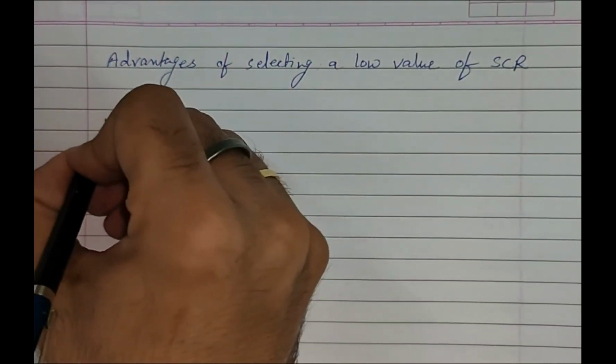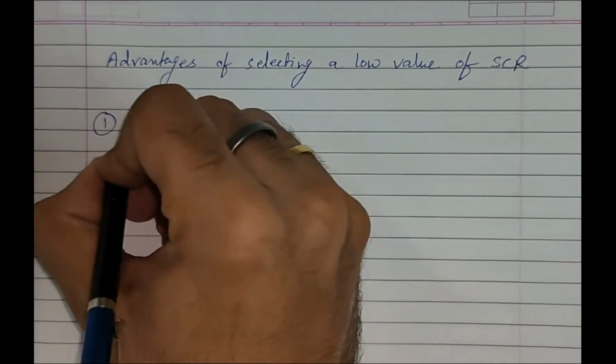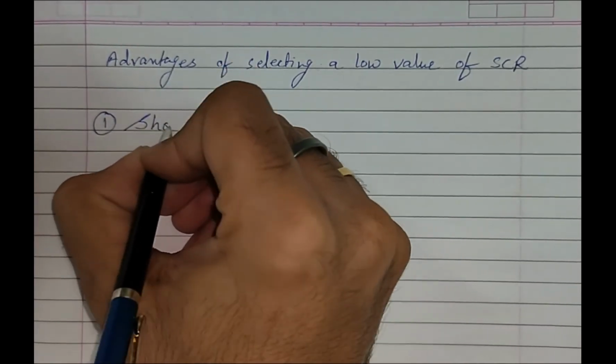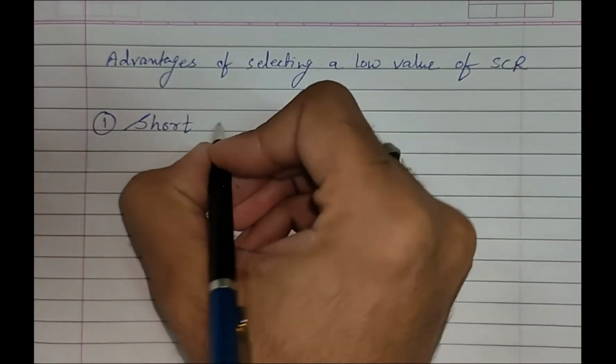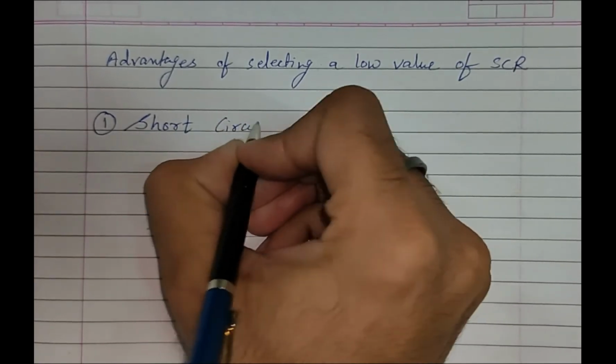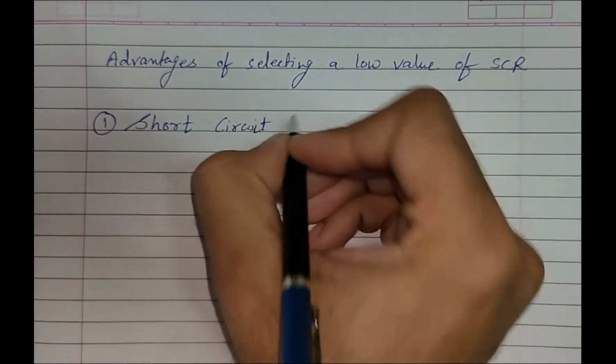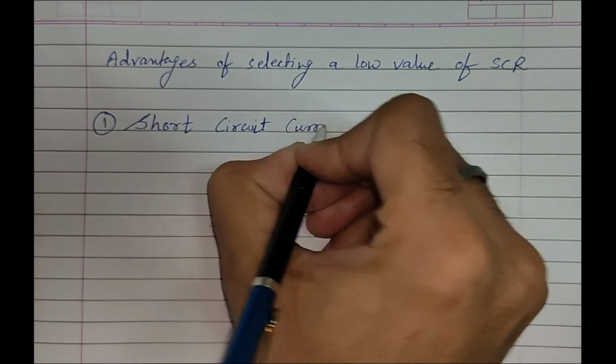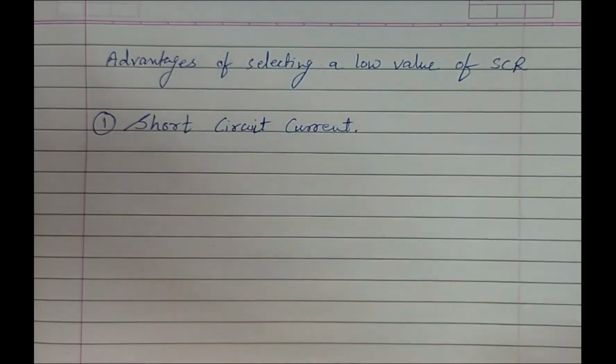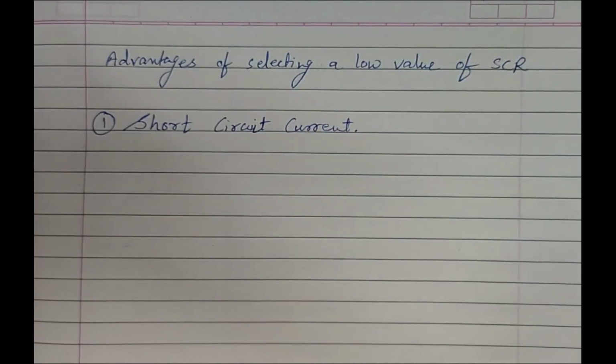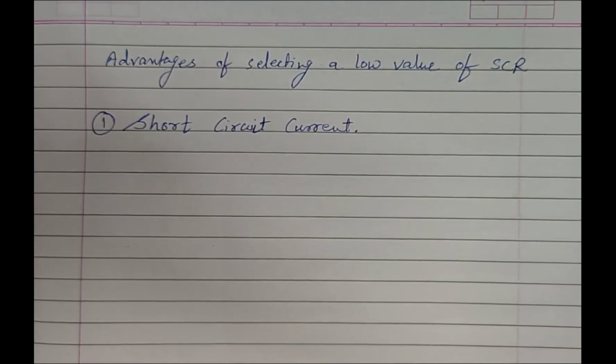So the first point is short circuit current. The short circuit current is directly proportional to the short circuit ratio.